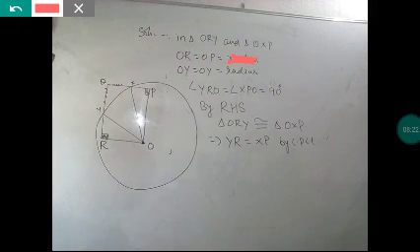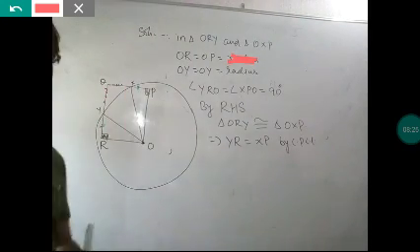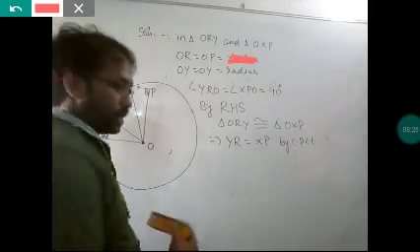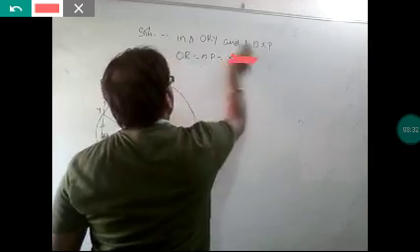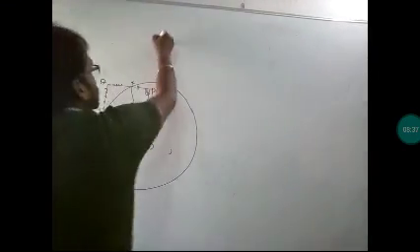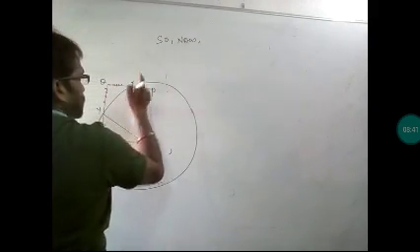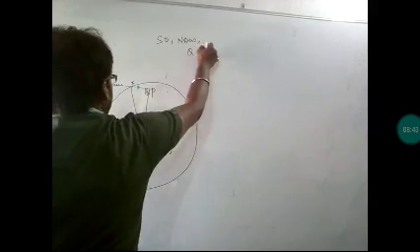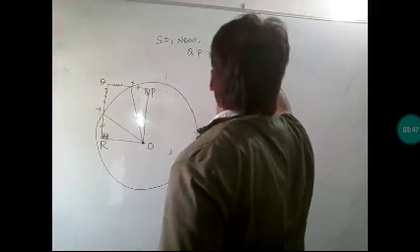Then we have these two sides equal. Which two sides? Sides of the square are equal also. So now we can say that PQ is equal to QR, sides of the square.